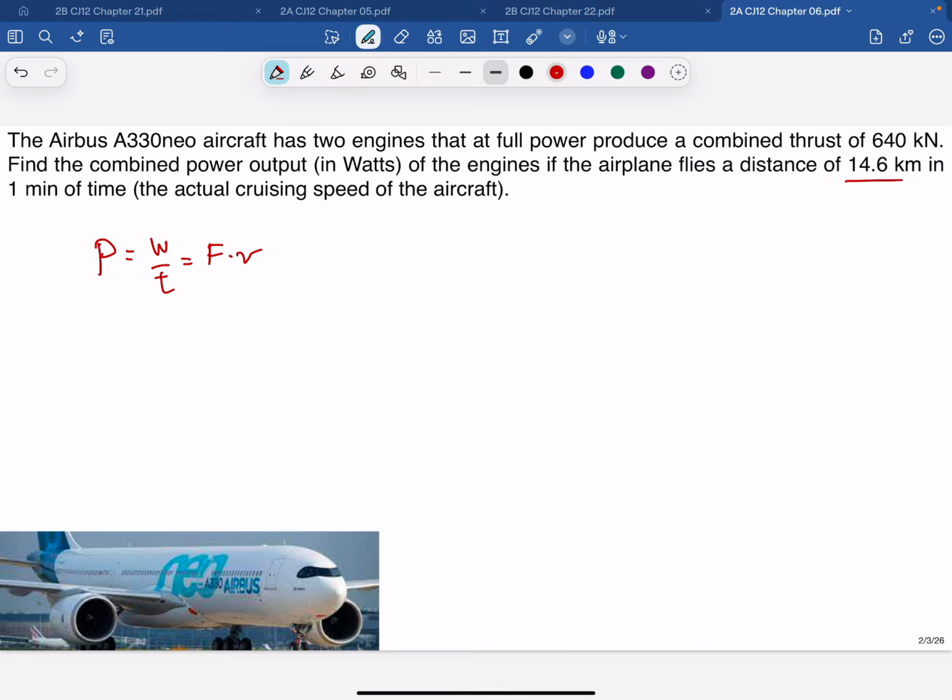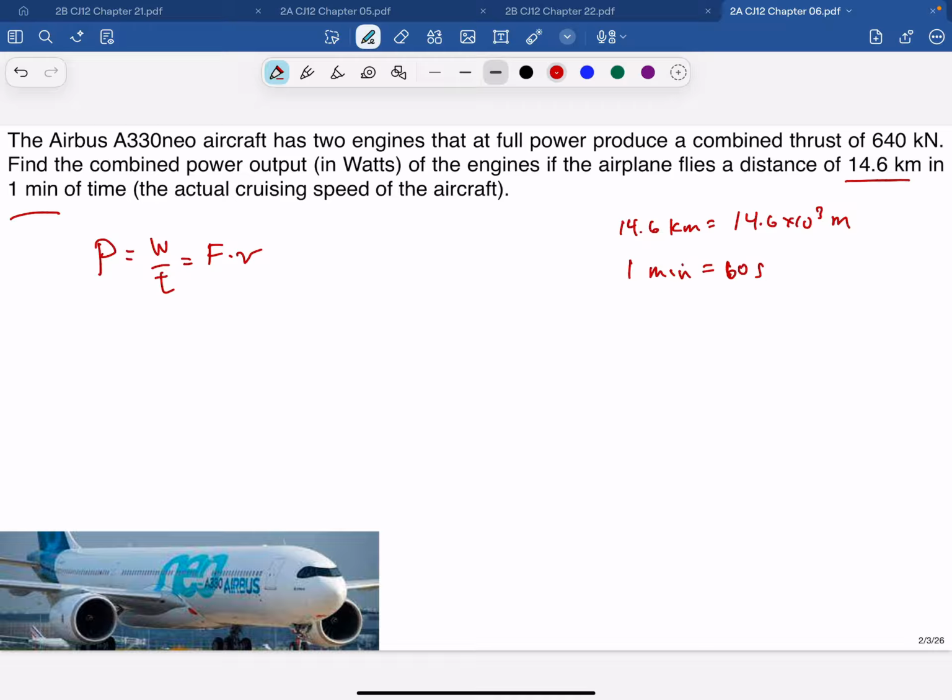What are we going to do with the 14.6 kilometers? Convert it to meters. So this is 14.6 times 10 to the 3 meters, right? What are we going to do with the 1 minute? Convert it to 60 seconds, okay? So we got that, right? We could do this either way.